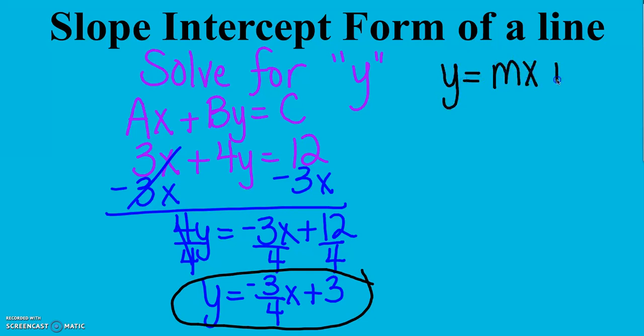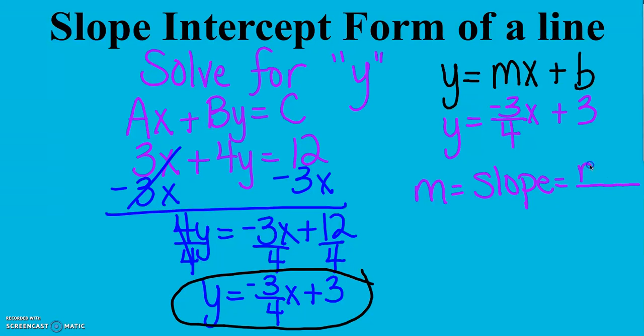Y equals mx plus b. This is the standard form of a slope-intercept form equation. So if I write this equation up under it, y equals negative 3/4 x plus 3. M in this equation represents the slope. Your slope is defined as rise over run.